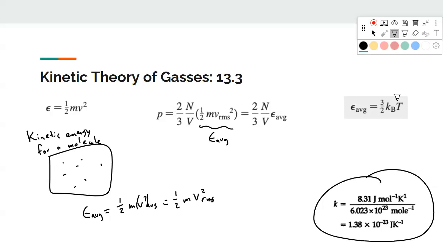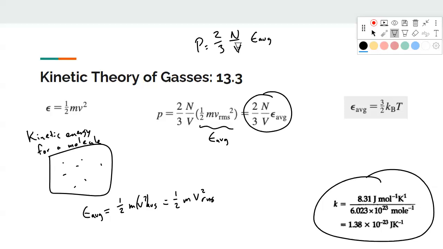What we get is an equation relating the pressure to the number density and the average energy of the gas molecules. Okay. Then we can just rearrange things a little bit. So, just to write this out, P is 2/3 N over V epsilon average.